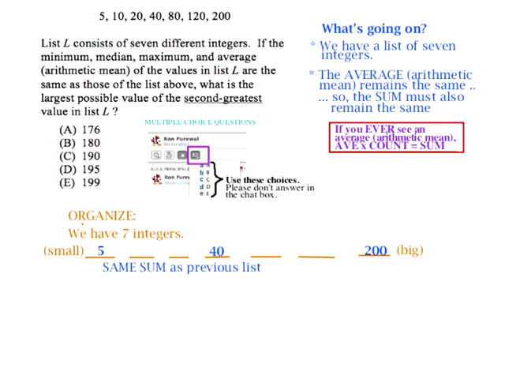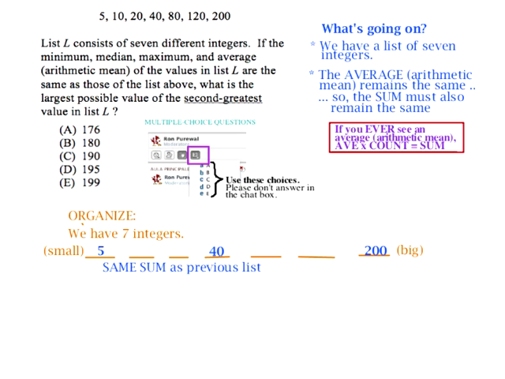Now notice that you don't necessarily have to find what that sum is, because it might be easier just to think about how much things go up or down. So you can think about this in one of 2 ways.